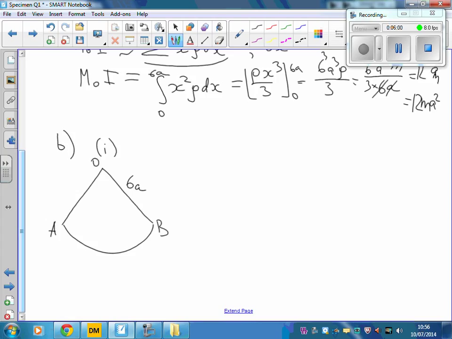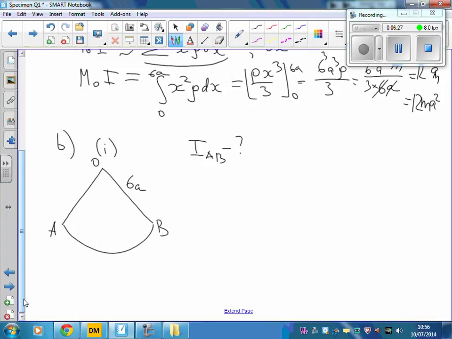We know the moment of inertia of each rod, so we can just add them up. But we need to find the moment of inertia of the circular bit AB. We have two ways of doing it.